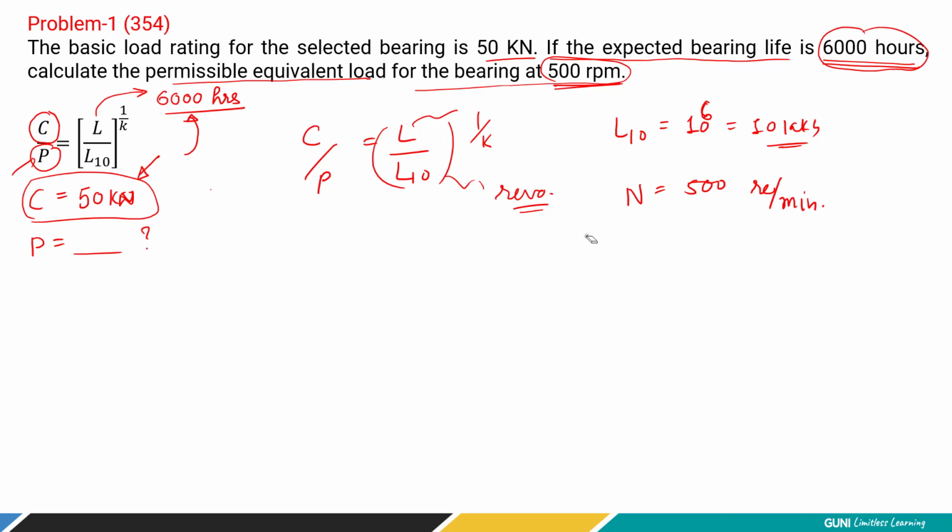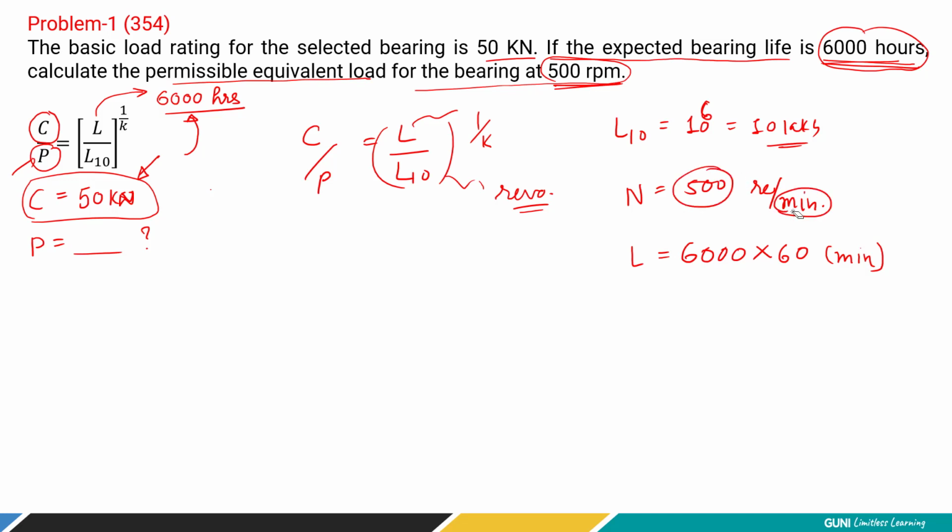We have to convert this L in terms of revolution, right? So L here would be 6,000 hours. Let's convert into minutes. So 1 hour is equal to 60 minutes. Okay. So here, if you multiply this, what is the answer? Can you tell me? Now this is all in minutes. The expected service life is in terms of how much? 6,000 hours. We have to find out how many revolutions it is going to complete in 6,000 hours, because the bearing rotates in 1 minute 500 times.